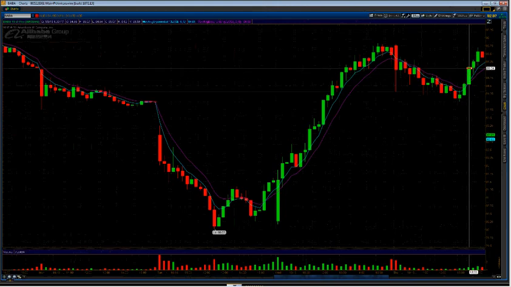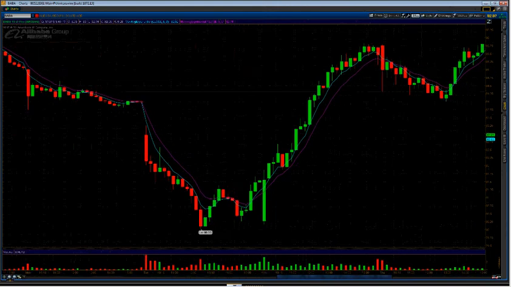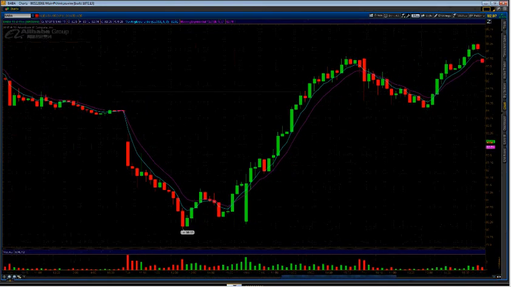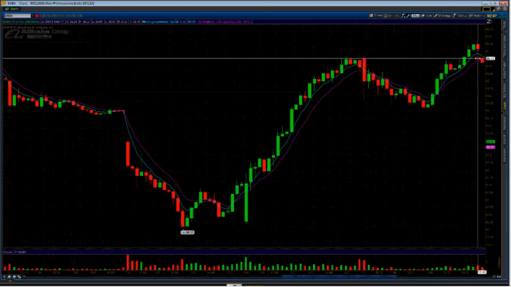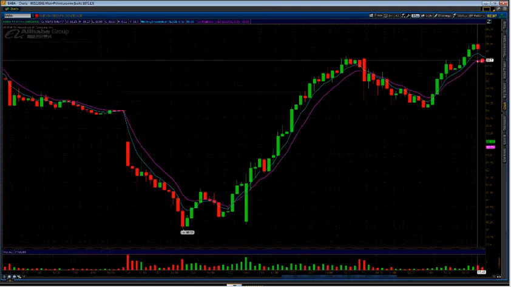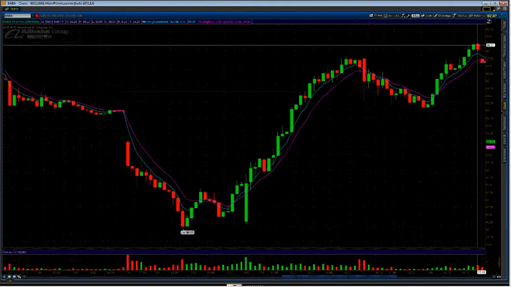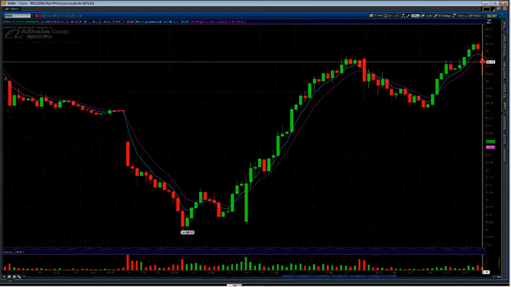By the way, here we would have taken some calls. Look at your 9. From here to here, what did it do? I'm not even saying it did it on this candle at the high. It did it on this candle right here. It pointed down.